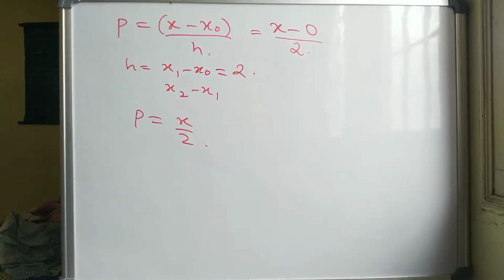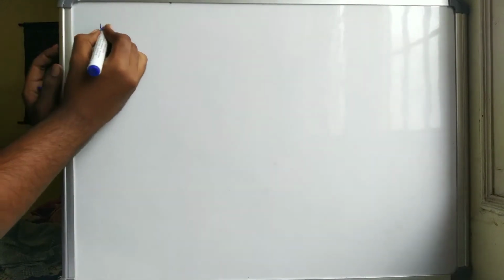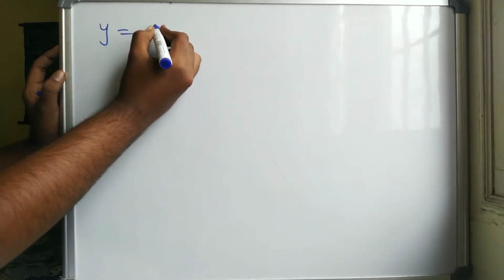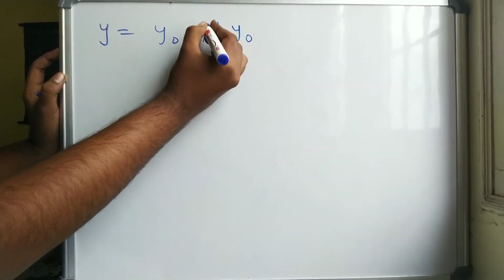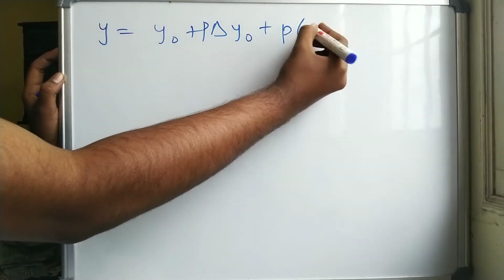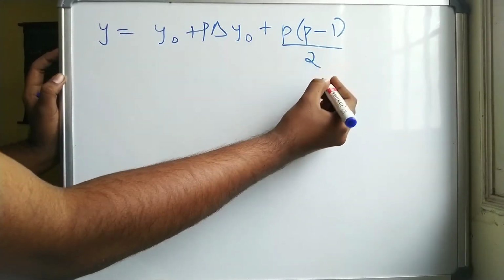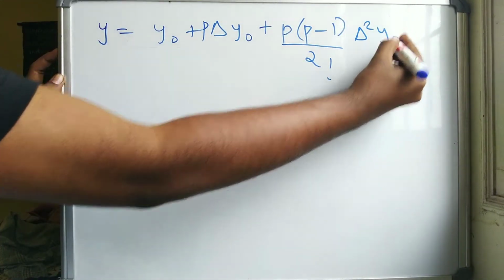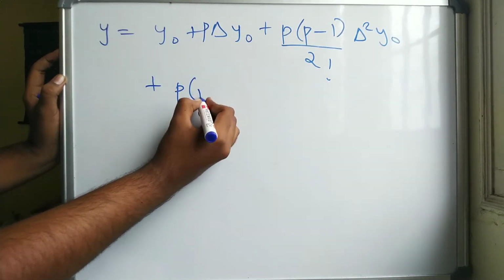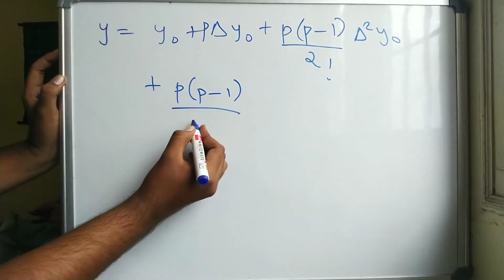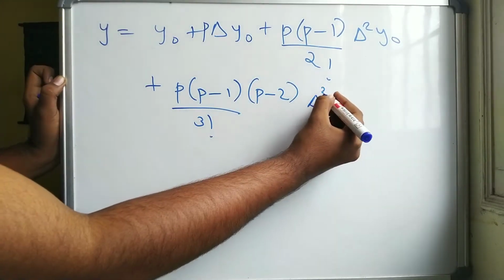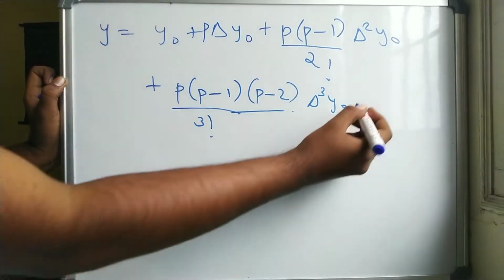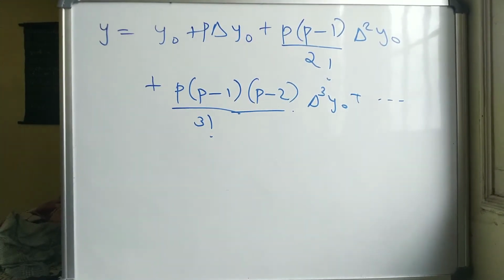The formula is y equals y0 plus p into delta y0, plus p into p minus 1 by 2 factorial into delta square y0, plus p into p minus 1 into p minus 2 by 3 factorial into delta cube y0, plus so on. This is the basic formula for Newton's forward interpolation.